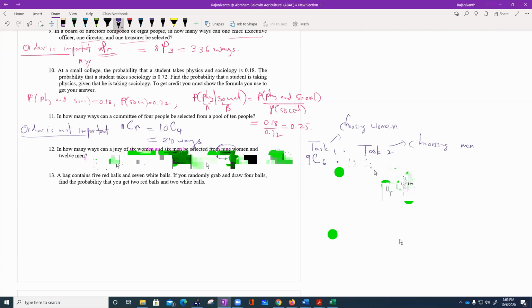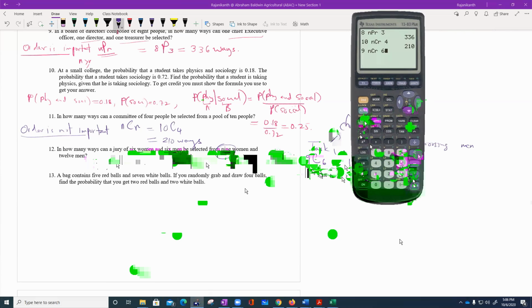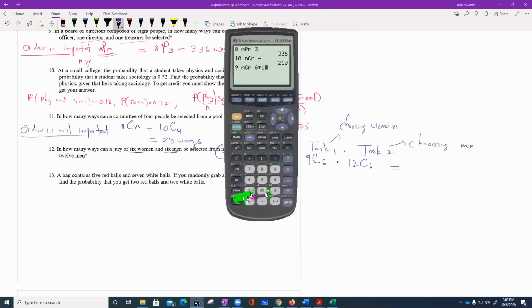So take your calculator and plug in these two. I need to type 9 choose 6 and multiply with 12 choose 6. Again, go to Math and choose nCr. Simply multiply them out.